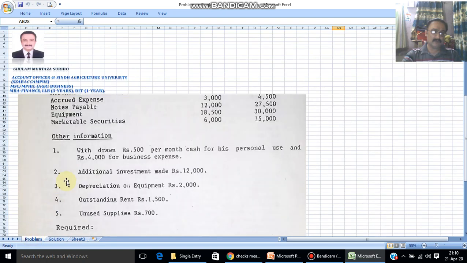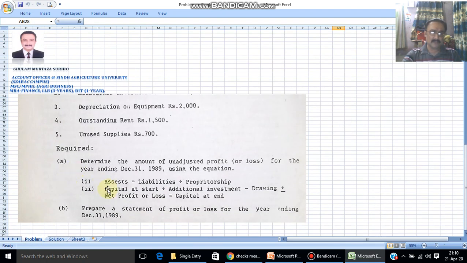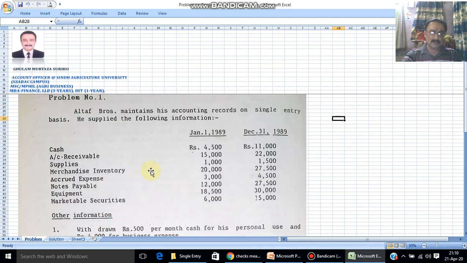Here we have a question about what they would like. First of all, they said to focus on the accounting equation in order to find out the capital. Here you will see that in all the data there is no capital. As you know, these are cash, accounts receivable, supplies, merchandise inventory.